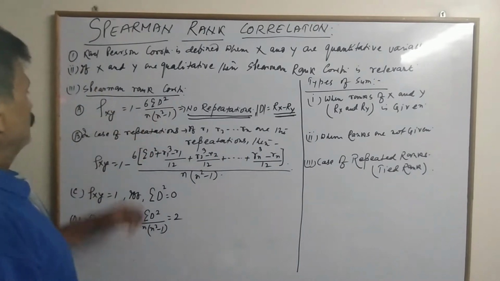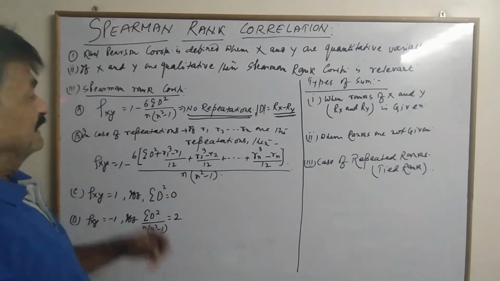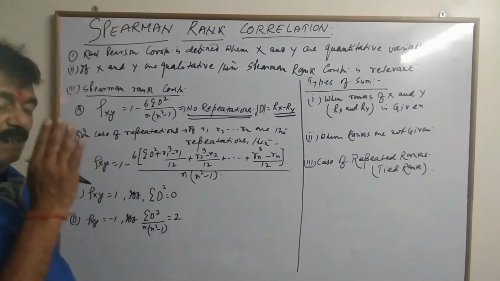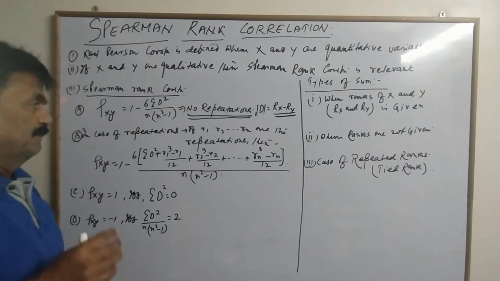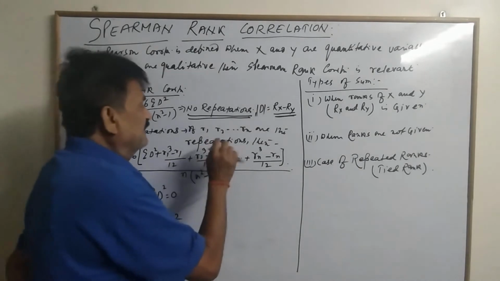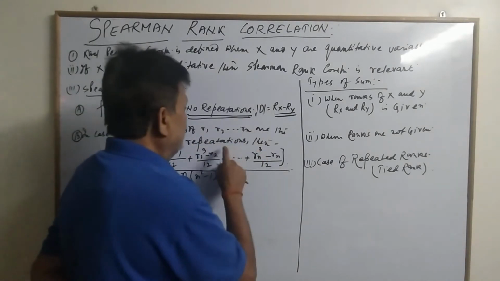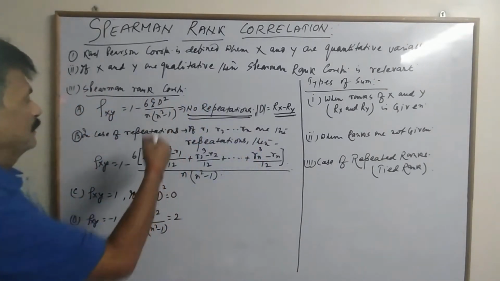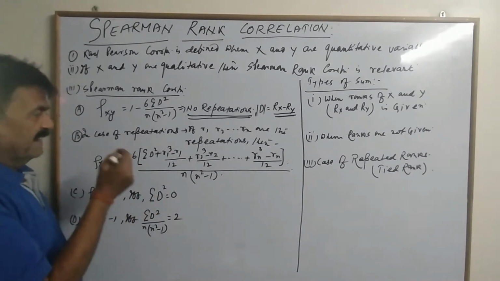In case of repetitions in the x column or y column, let r1, r2, up to rn be the repetitions, then this formula is a little bit extended.